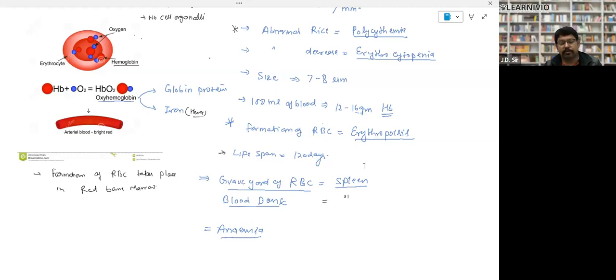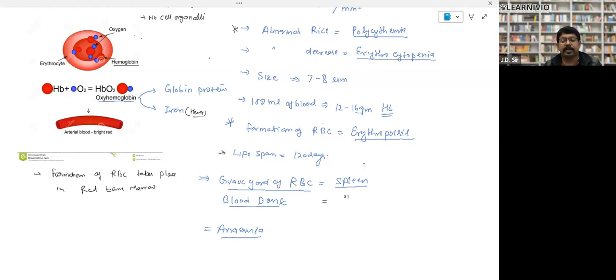So every day a number of RBC die. The dead RBC reach the spleen. Blood goes through the spleen. The spleen filters the blood, captures the dead ones, and lets the live RBC go. The spleen breaks down the RBCs. That's why it is called the graveyard of RBC.